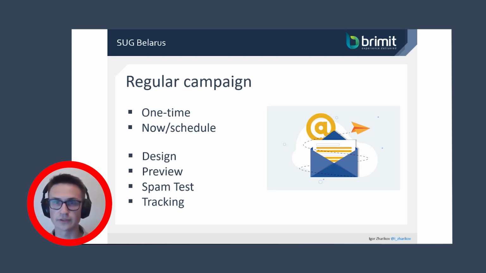And you can as well run some spam tests to check how it rates against various popular spam filters like Gmail, Hotmail, Outlook, Yahoo, and others. And you can as well track the performance of your email campaign in the statistics.